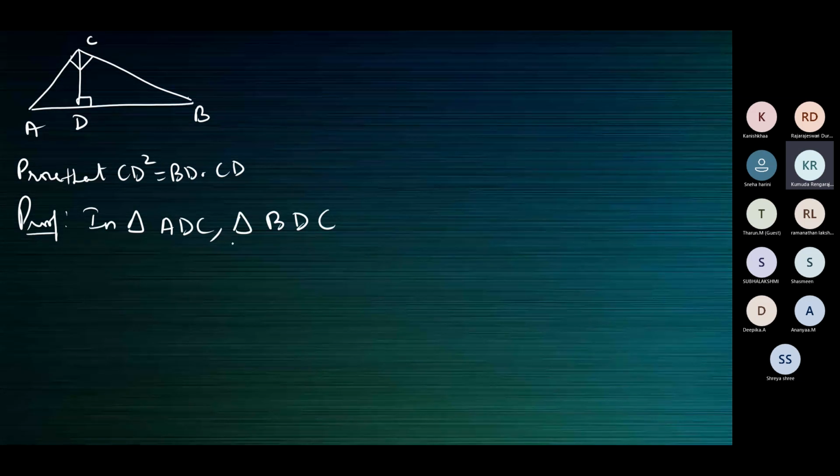You have to show that these two triangles are similar. Only then you will get the result CD square is equal to. Remember that. So the choice of the triangles: take two triangles that have CD as a common side. The two triangles must be proved similar, then proportion, cross multiply.